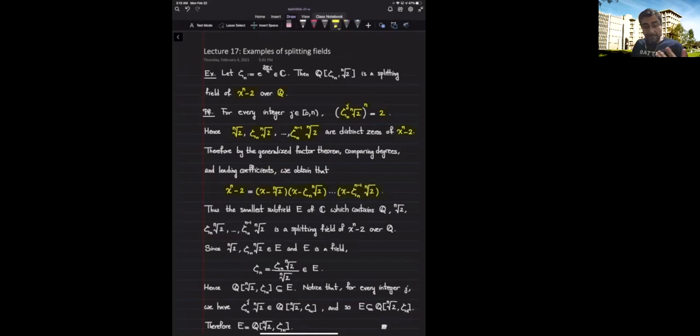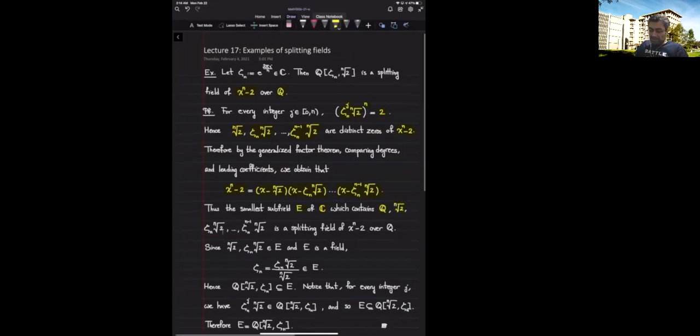So that means if I look at the smallest subfield of complex numbers that contains Q and the zeros of this binomial, which means the nth root of 2, zeta sub n times the nth root of 2, and so on, then this E is a splitting field of this binomial x to the n minus 2 over Q.